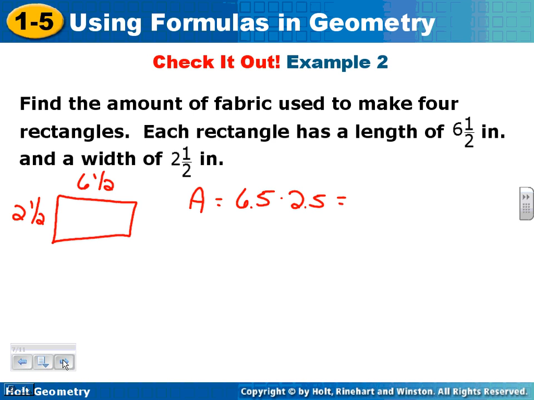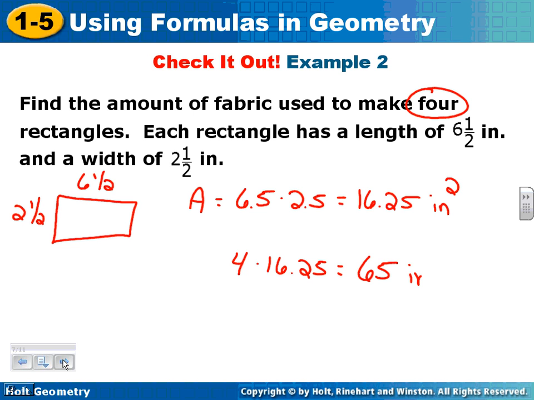I'm going to pick up my calculator. 6.5 times 2.5 is 16.25. And again, that would be inches squared. That's the area of one rectangle. But remember, I'm making 4 of them. So I want 4 times 16.25. And that comes out to be 65. And again, that would be labeled inches squared.